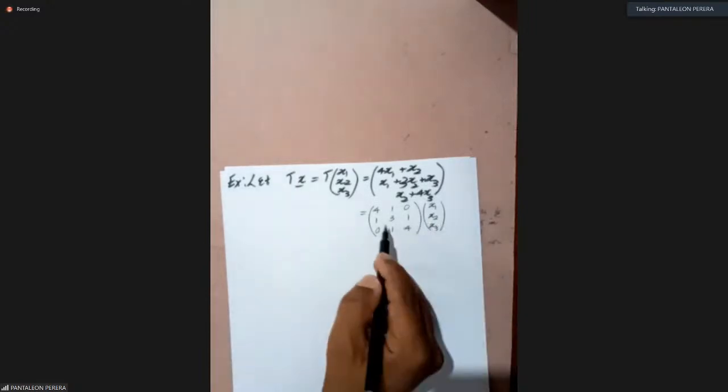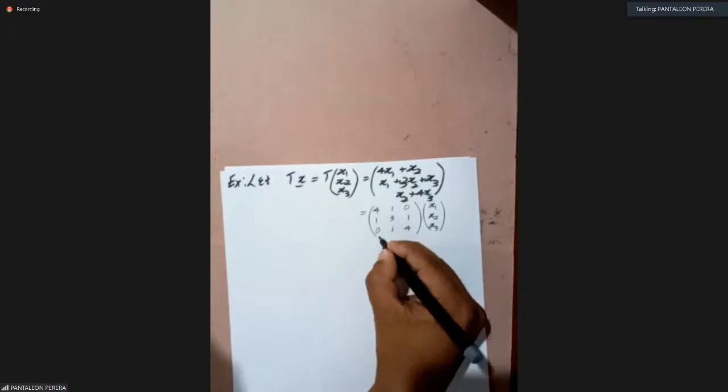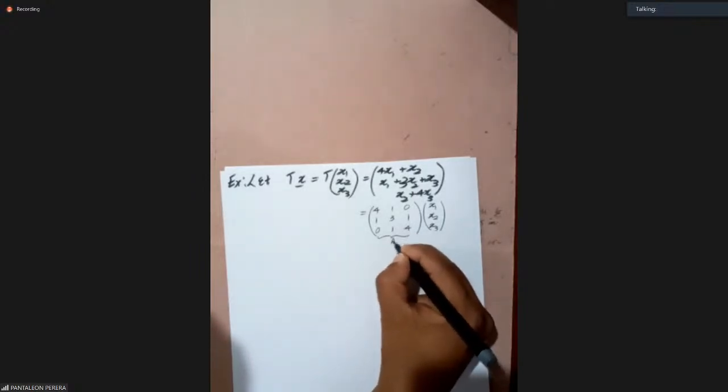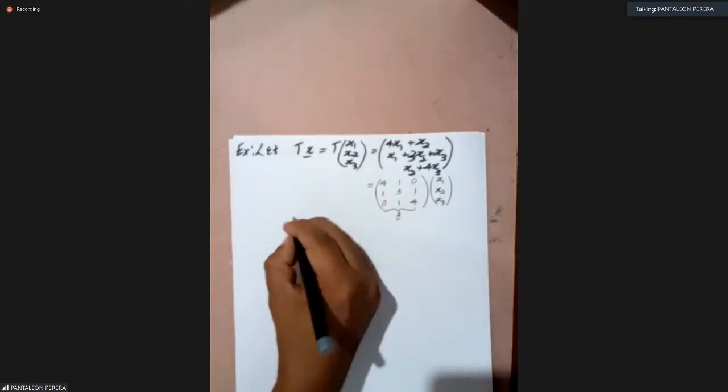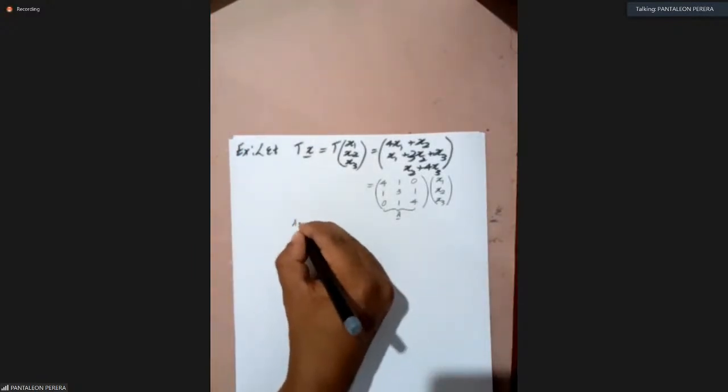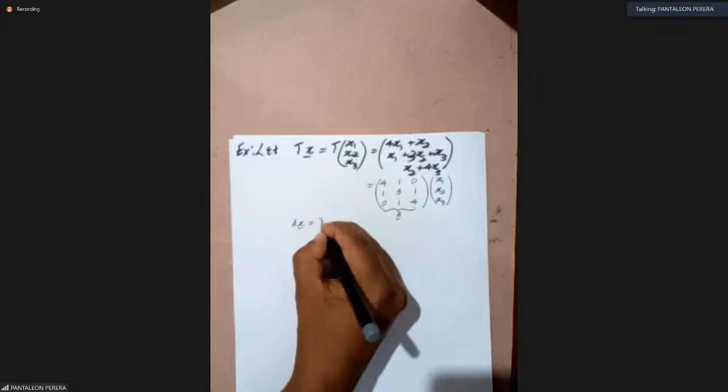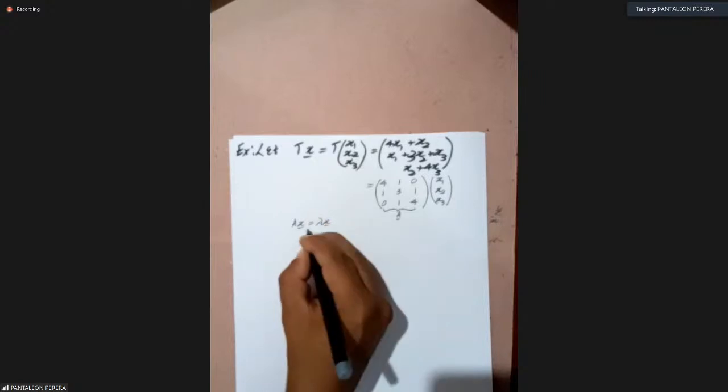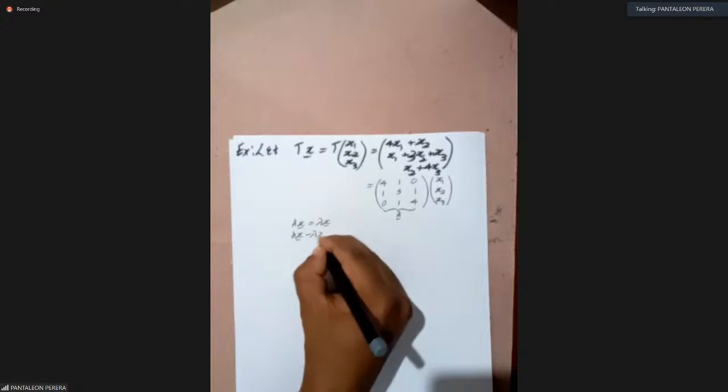Then you can find the eigenvalues. So let this be A. To find the eigenvalues, this is how you do it. You take Ax is equal to lambda x. Now bring this down to the left hand side.